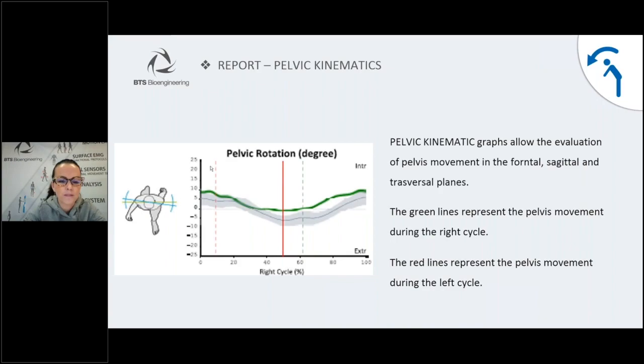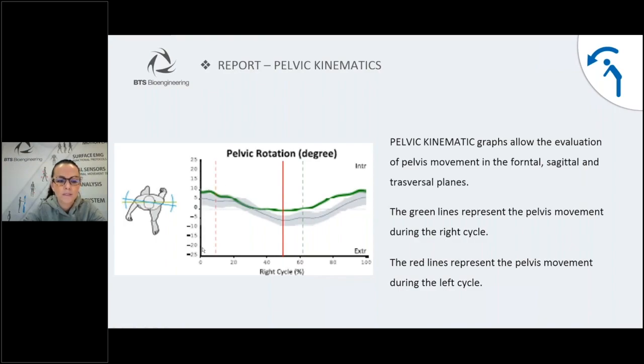Within the stance phase of the right foot, we are also going to highlight this first red dotted line, which is the left foot off, and the continuous red line, which is the left foot strike.